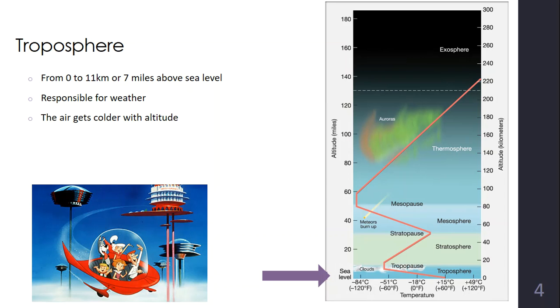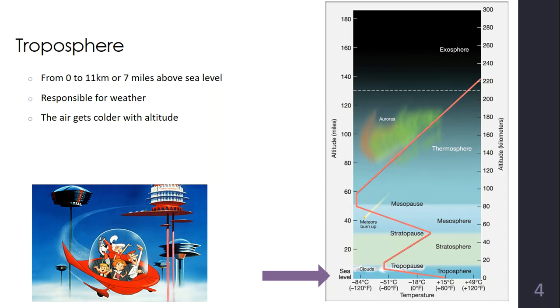So the air gets colder with altitude in this layer, and this is going to change. If you look at this drawing over here on the right, you're going to see this is temperature, and the temperature is going to change as we go through the atmosphere. So right now with the troposphere, as you go up, it gets colder. You're farther away from the warmth of the surface of the planet, which is pretty intuitive, right?